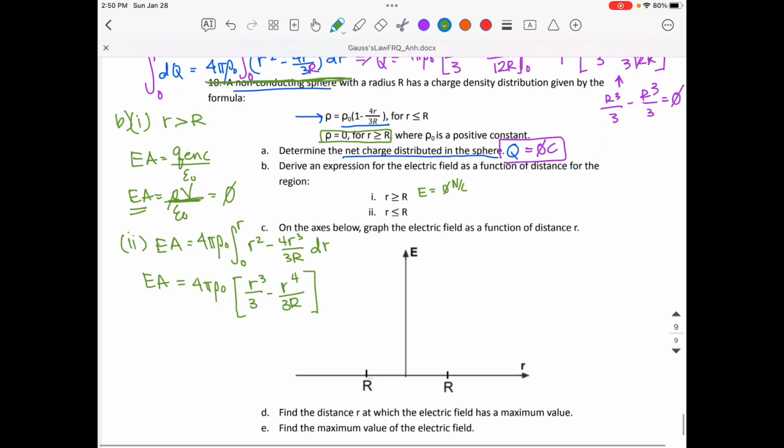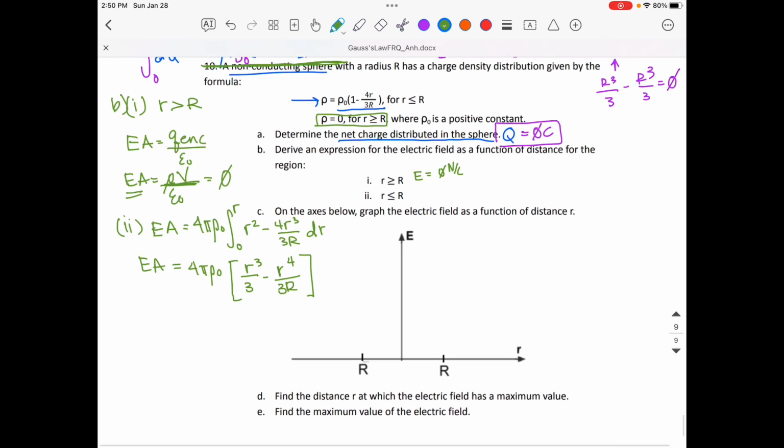And then I have E times the surface area of a sphere, which is 4 pi r squared, is equal to, again, the right side. And what I'm going to do here is pull out my common variables. I've got r cubed and 3, so I end up with 1 minus r, little r over big R.